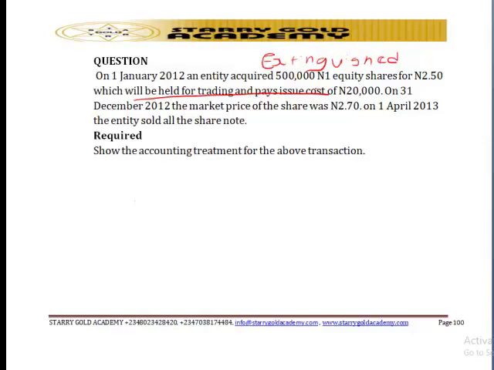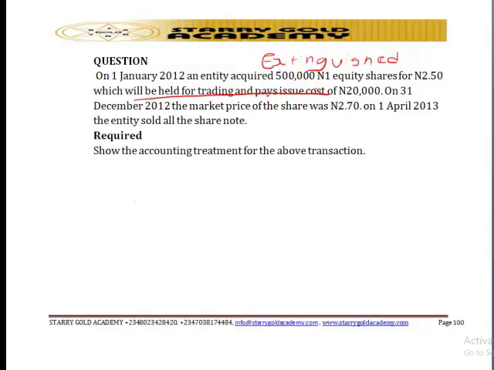So other people subscribe to their shares. On initial measurement, it is a financial asset, because they acquired 500,000 equity shares in another entity.